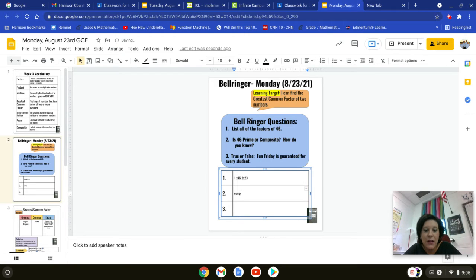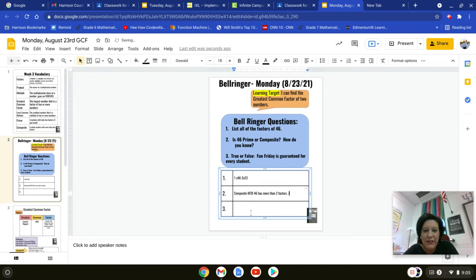And I know this because, so we have that, I spelled it wrong. Composite, IKTB. That means I know this because 46 has more than 2 factors. If I had exactly 2, it would be prime.